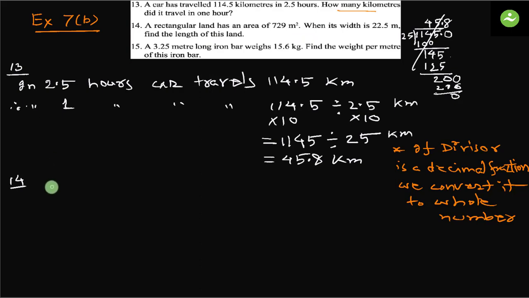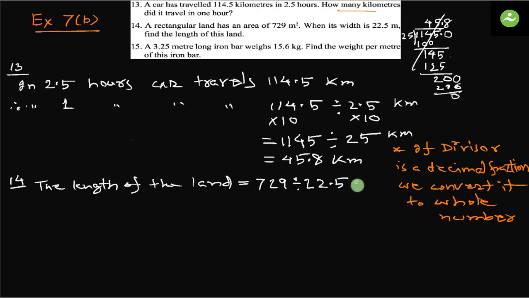So, the length of the land equals 729 divided by 22.5, and the unit of length will be meter.